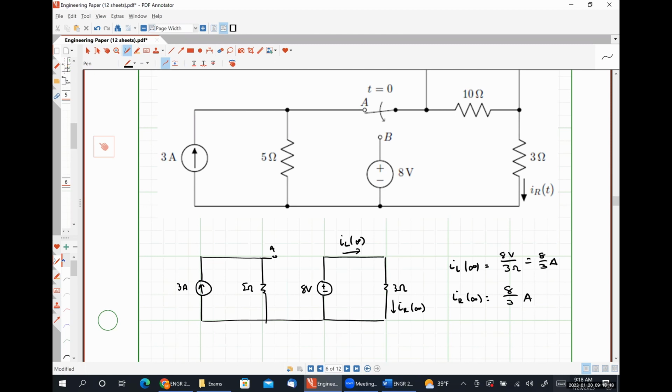And the 10 ohm resistor is once again shorted out because our inductor looks like a short circuit at DC steady state. All right. So unless anybody has any questions about this, we can move along and determine our time constant.